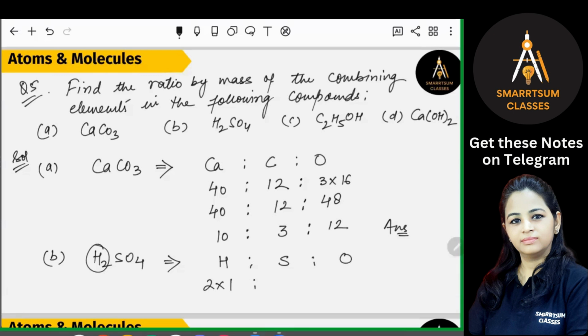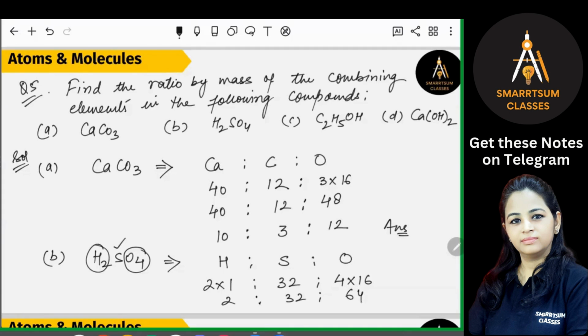Now for sulfur, there is only 1 atom of sulfur, and the atomic mass of sulfur is 32. And again for oxygen, as we already know, the atomic mass of oxygen is 16, but there are 4 atoms of oxygen in this compound, so we'll multiply with 4. 4 into 16. In this way, you will get 2 is to 32 is to 64.